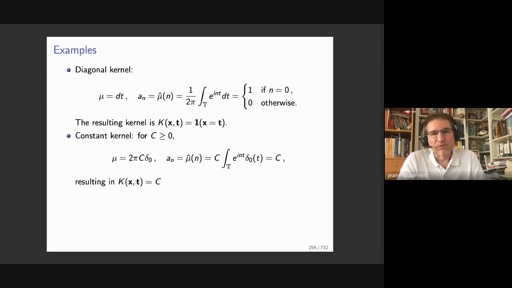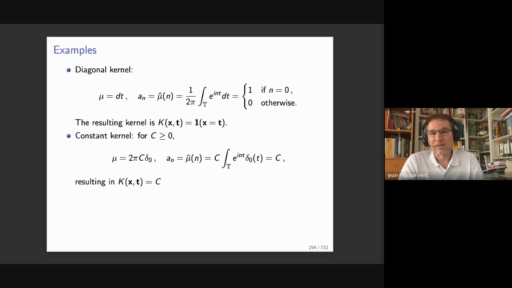So if we compute the Fourier transform of that one, then for any n, we can compute mu hat of n as 2 pi c divided by 2 pi, so the 2 pi cancels, times the integral between 0 and 2 pi of exponential of int against the Dirac in 0 of t. And so the value of the integral is just the value of the function exponential of int in 0. So this is 1.